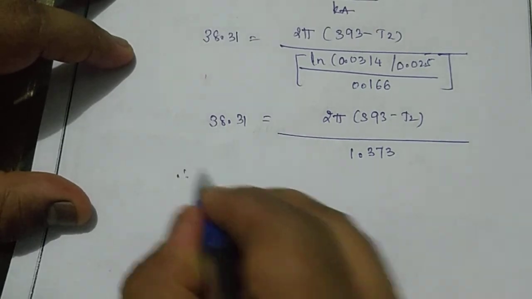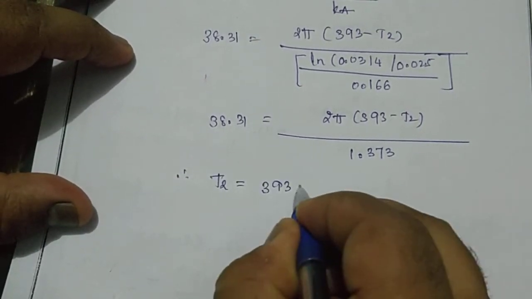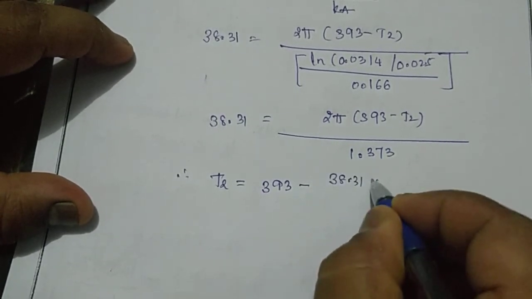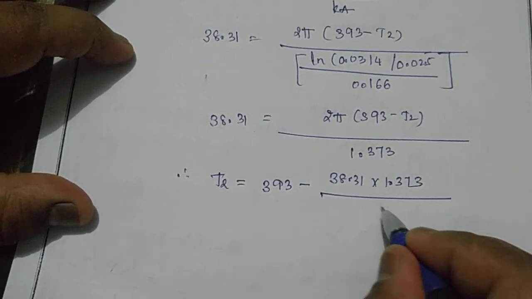Therefore T2 is equal to 393 minus 38.31 times 1.373 divided by 2 pi.